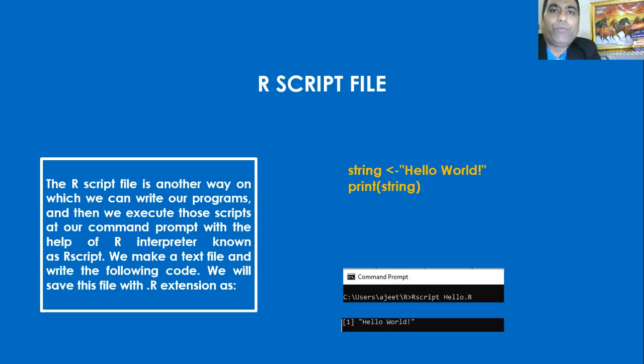It means if you want to execute multiple statements together, at that time you will require to write in a file. So just go to the R studio and in the file menu, just select the new, and inside you select the R script, and you can write the multiple statement and you can save it. The extension will be automatically taken as .r. Okay. So here is an example.